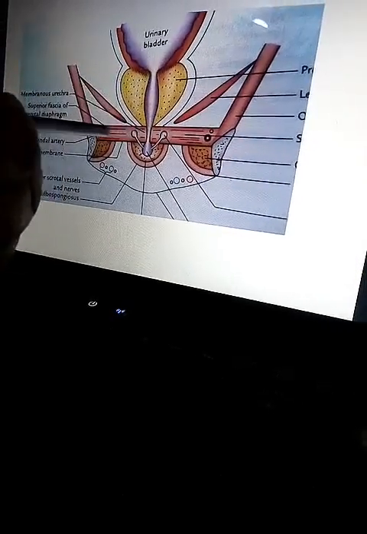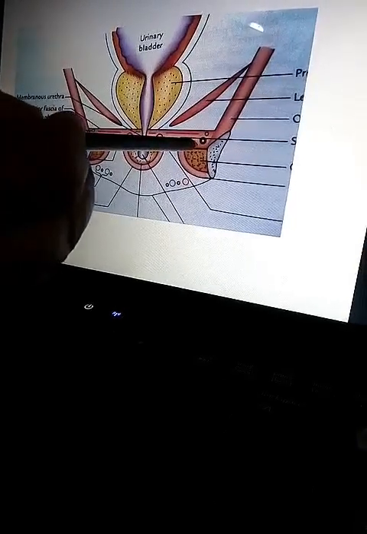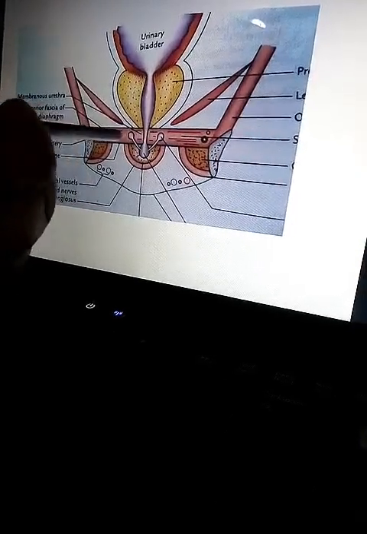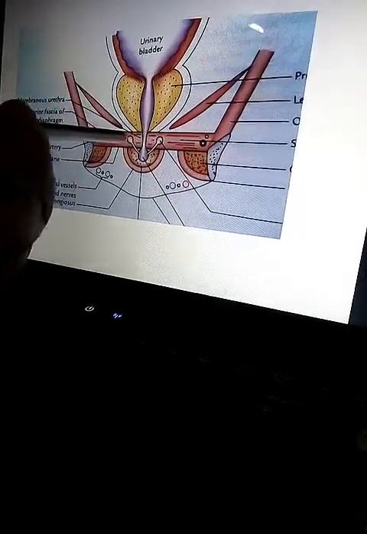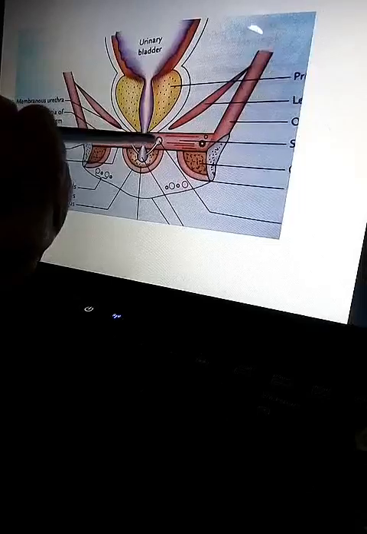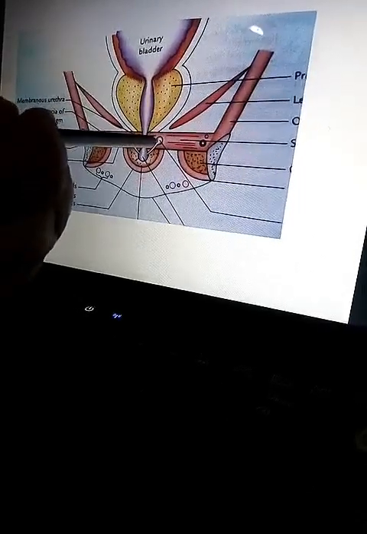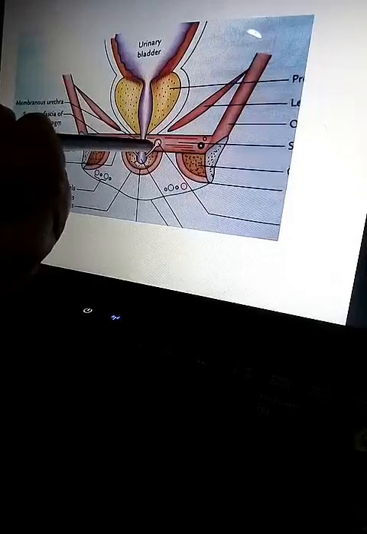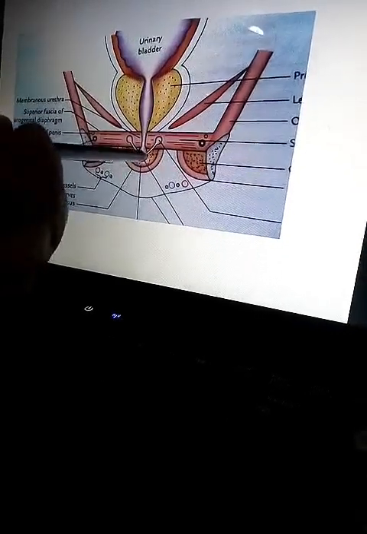This deep perineal pouch contains the deep transverse perineal muscles in males and the two bulbourethral glands or glands of Cooper. As you see these round structures, these are the bulbourethral glands or glands of Cooper, whose ducts pass forwards, piercing the perineal membrane to open into the bulbous urethra.